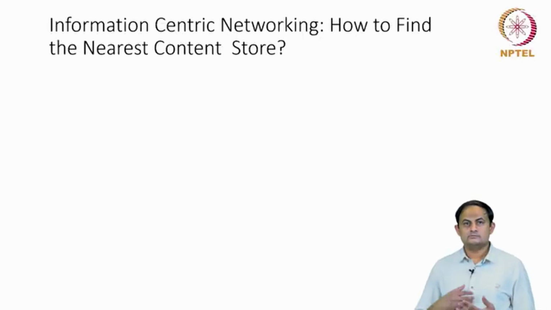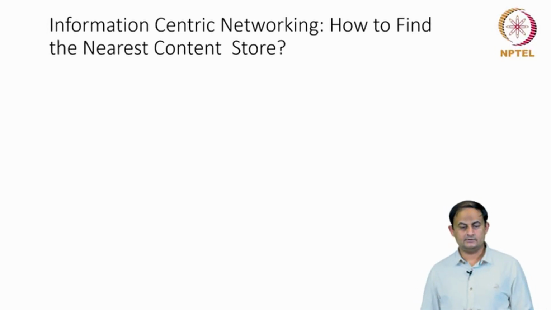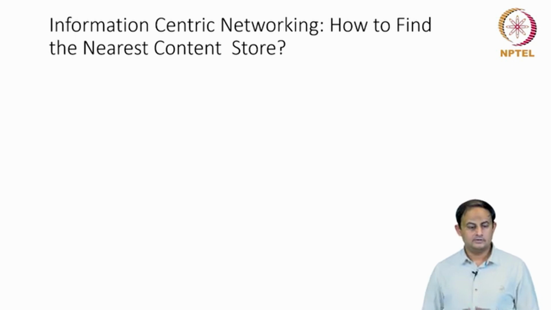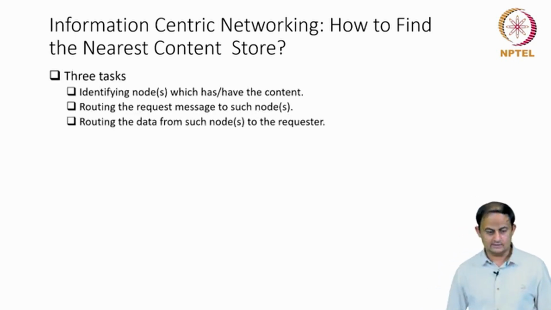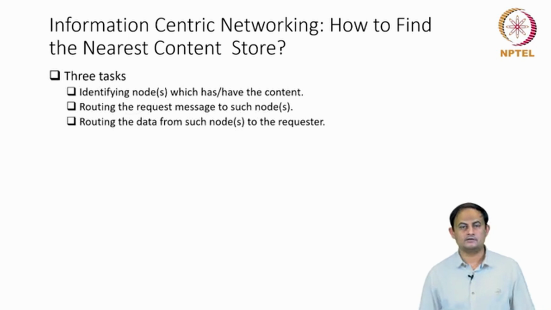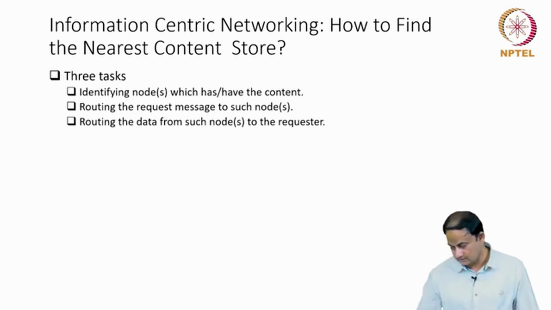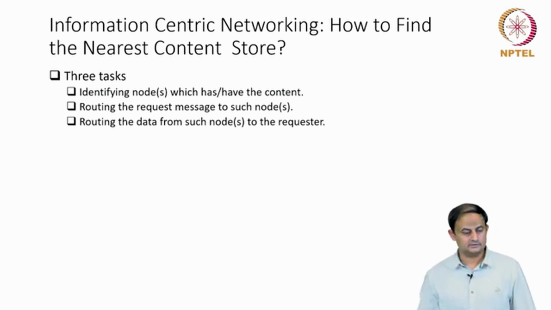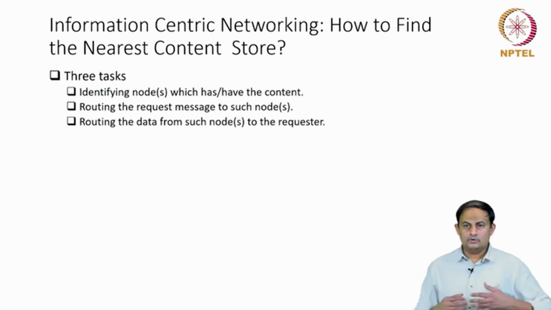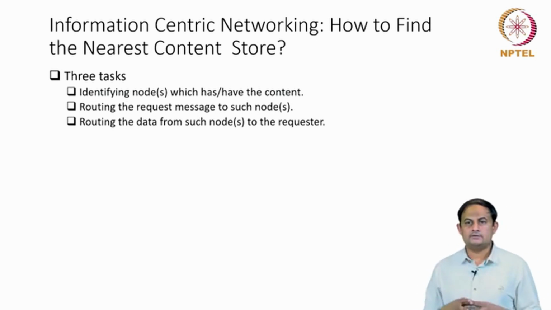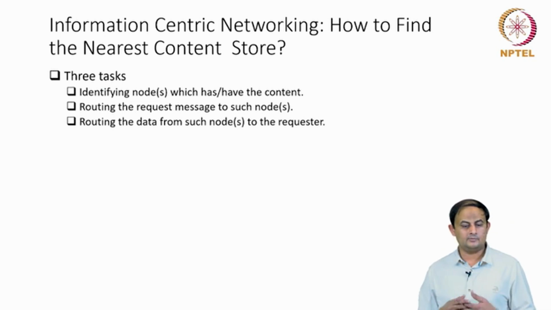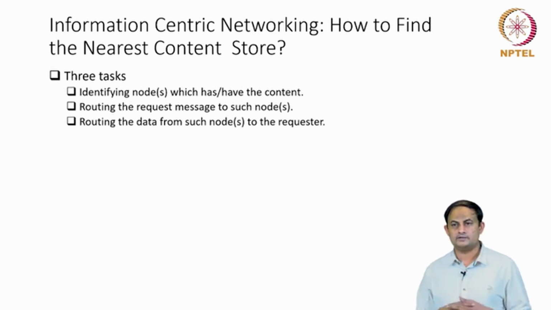So, the caching ability of the routers is actually helpful. It will help you to minimize the latency in the transmission, or from the end consumer's perspective, the access latency is actually reduced. Now that translates into a problem, which is finding the nearest content store.